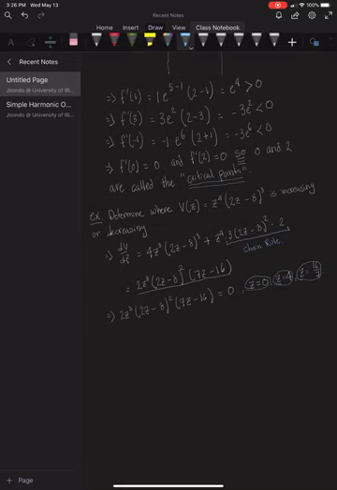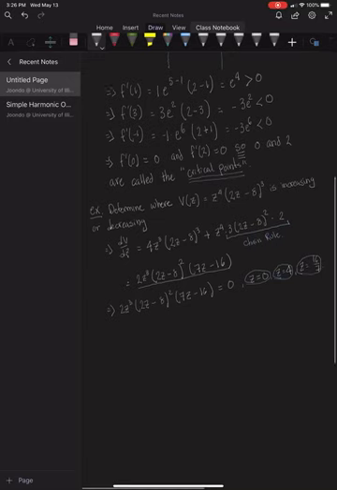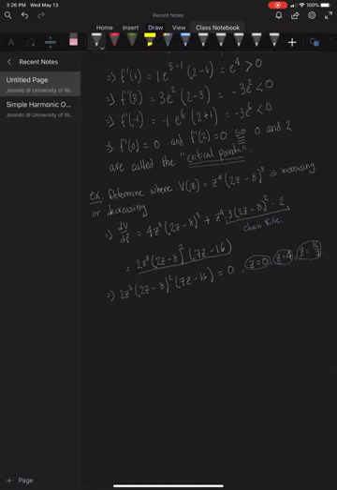And I want to go back to talk about something new, something we didn't really talk about before. And that is something called the mean value theorem. So, the mean value theorem.